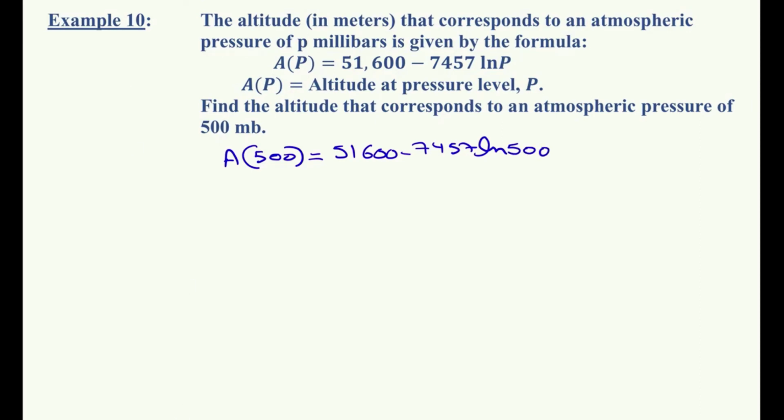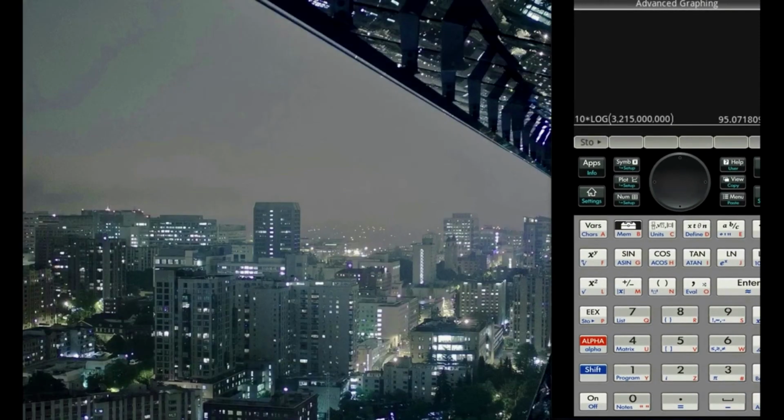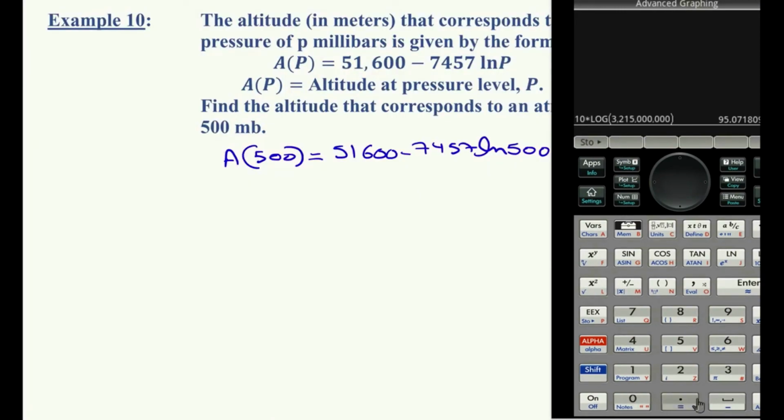So now it's just a matter of carefully entering that in one shot. So we get 51600 minus 7457. This time we're going to hit the ln button, not the log, ln of 500.